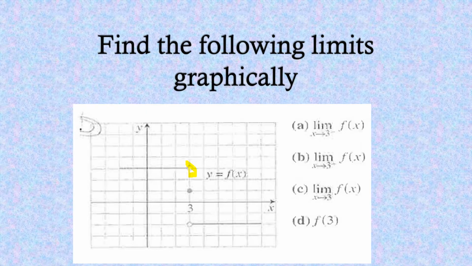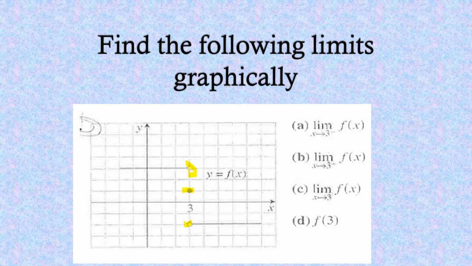So we can see that this function exists at x equals 1, because that's where it has a closed circle. The function does not exist when x is 3 and y is negative 2, because there's an open circle.